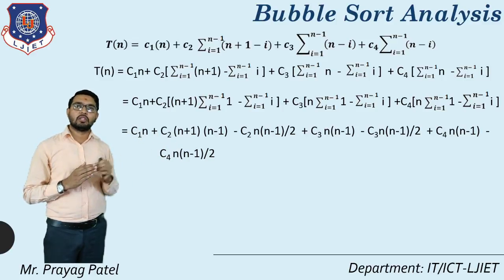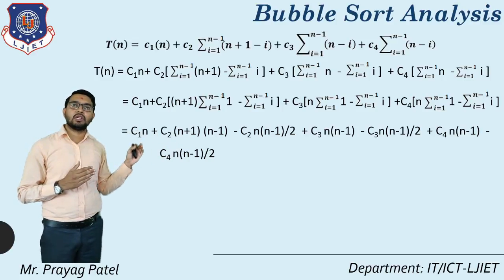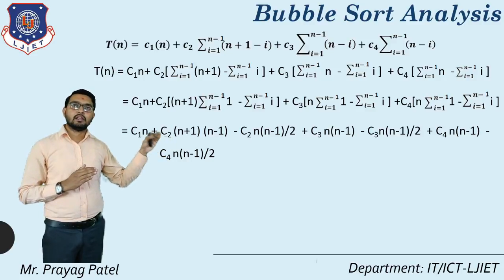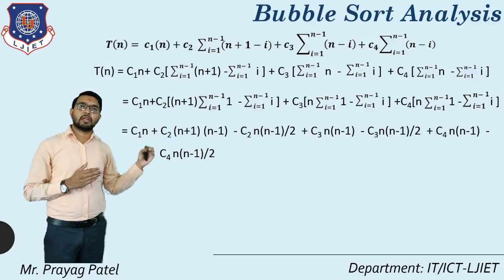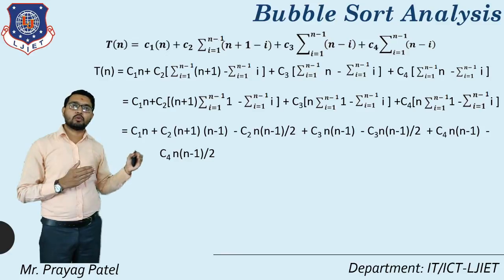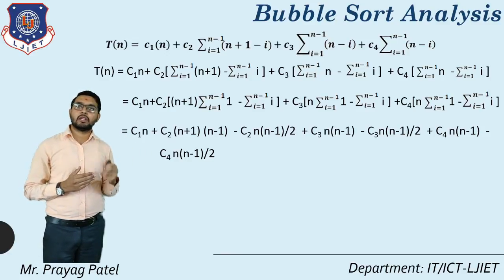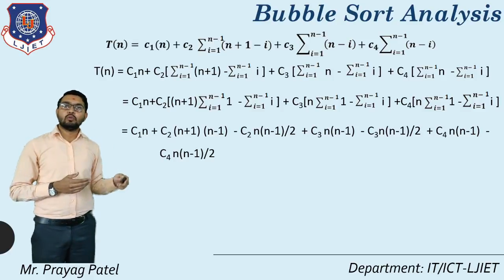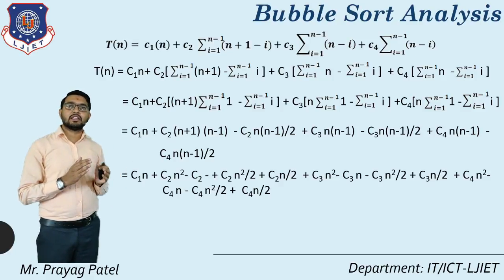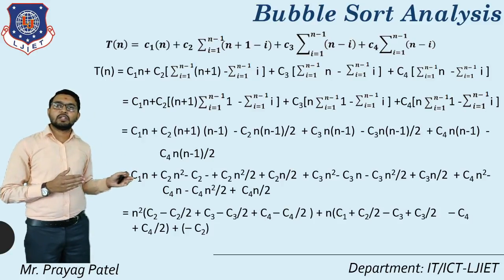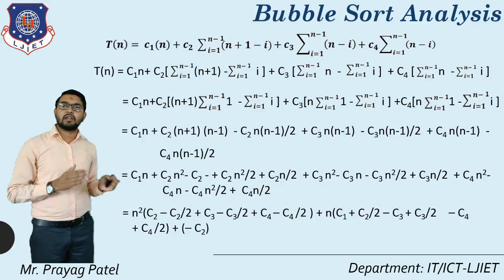According to this, we can solve this equation: C2 into n minus 1 divided by 2. Likewise, consider C3 into n minus 1 minus C3 into n minus 1 divided by 2, plus C4 into n minus 1 minus C4 into n minus 1 divided by 2. Now solving this equation means considering the n square part, the n part and the constant part. So consider the final step as n square.